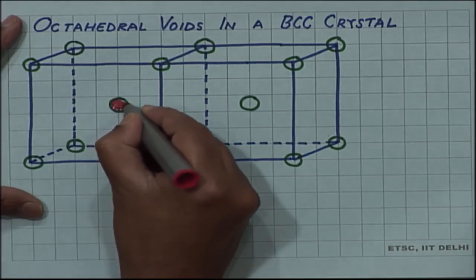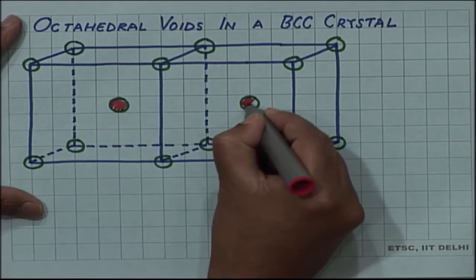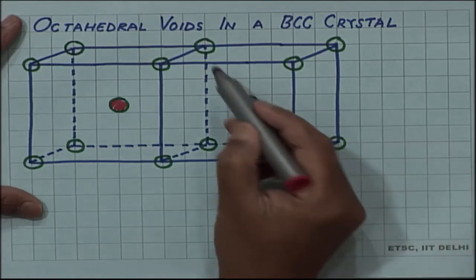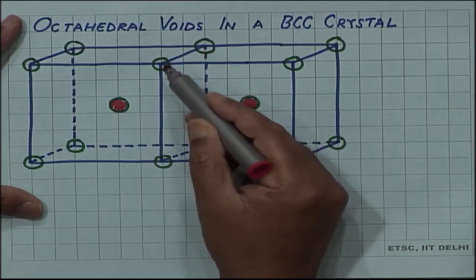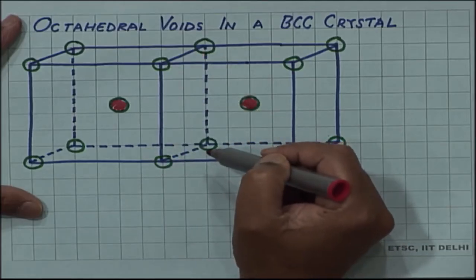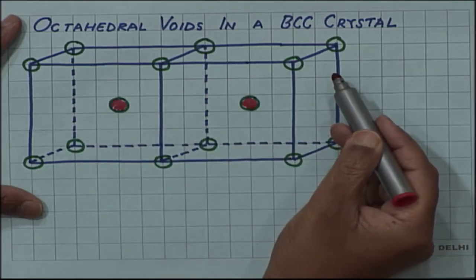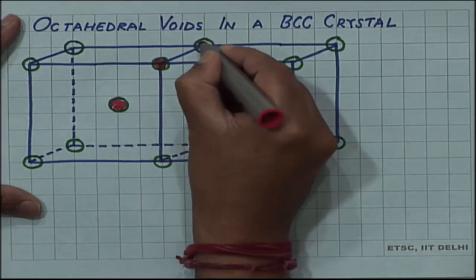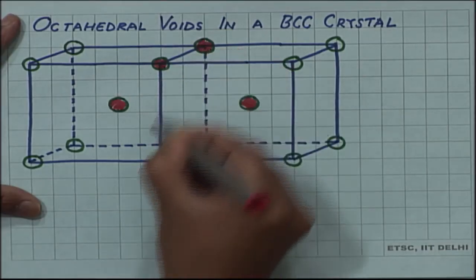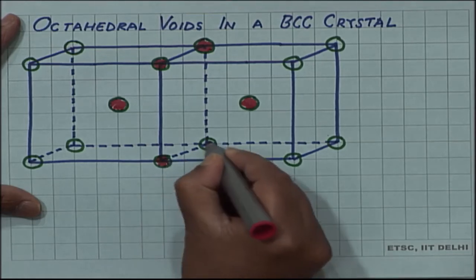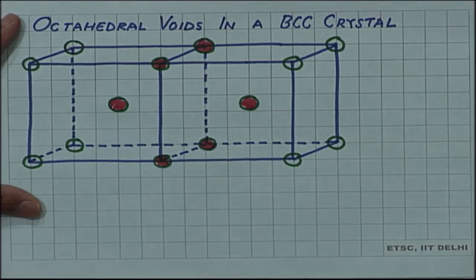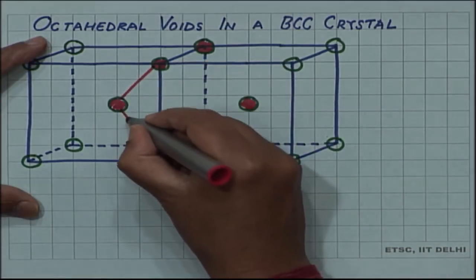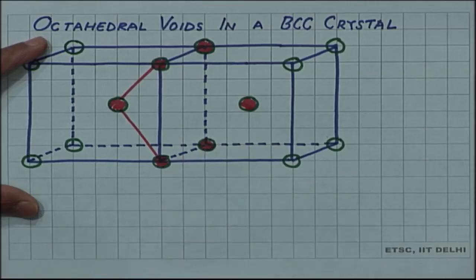Again we start with our 2 body centers as 2 of the corners, and the other 4 corners are the 4 corners of this central common face. So, we take 2 adjoining cubes, we take all the 4 corners of the common face, and we take the 2 body centers. These 6 corners define for me a nice octahedron. So, let me try to create that octahedron by drawing the edges.